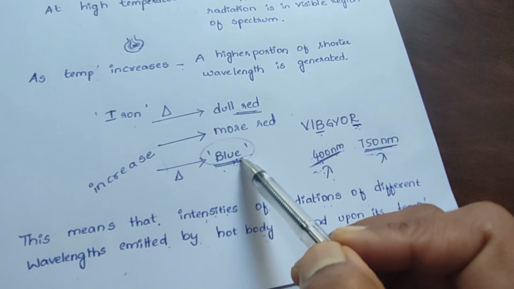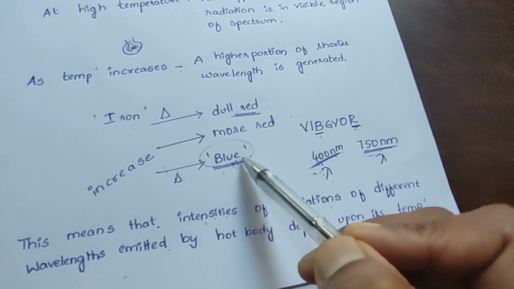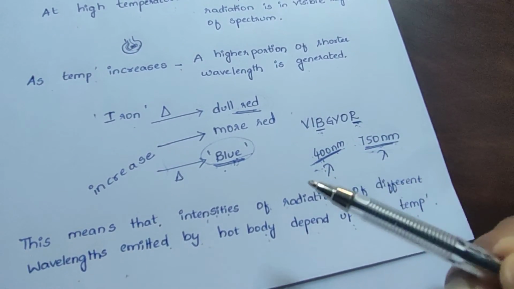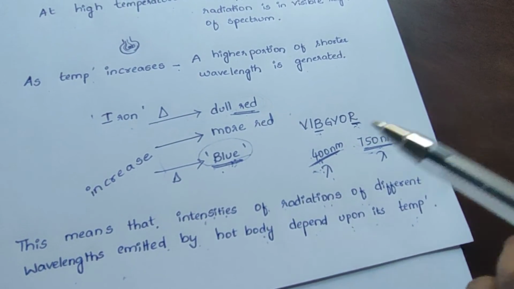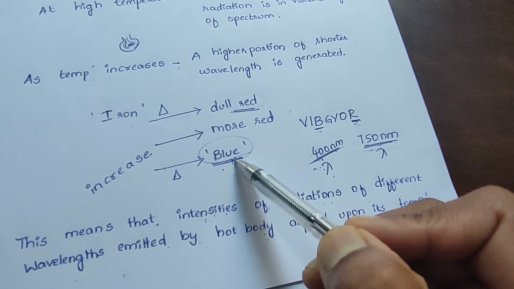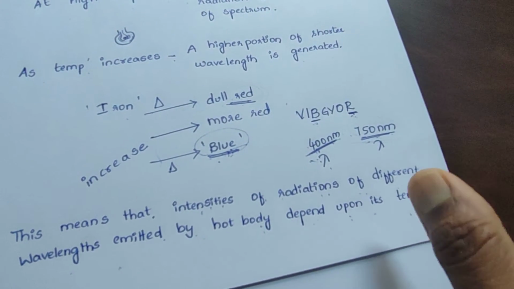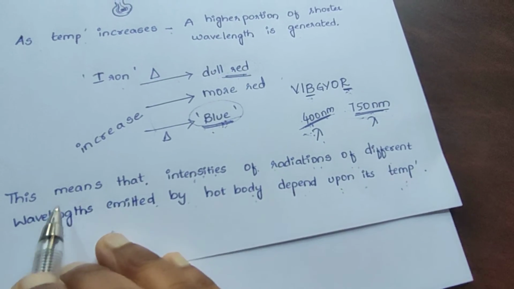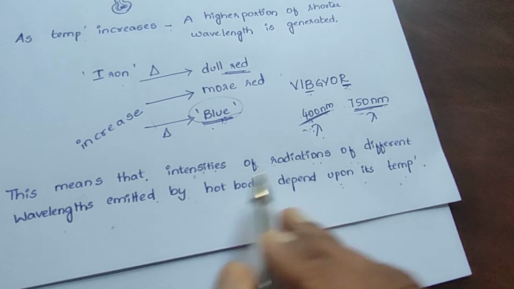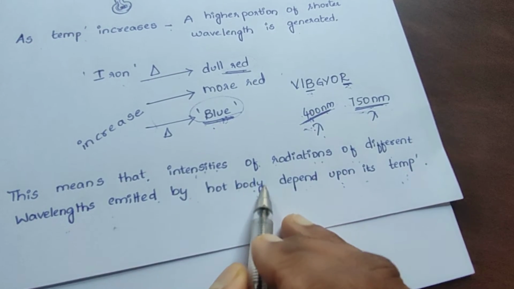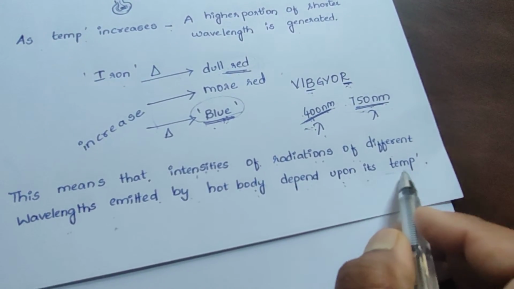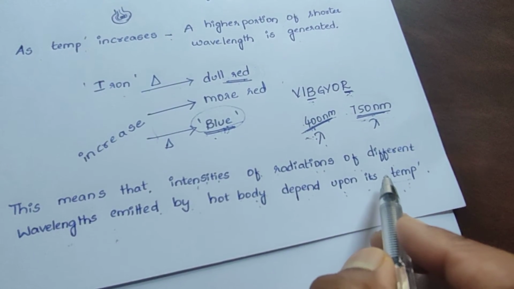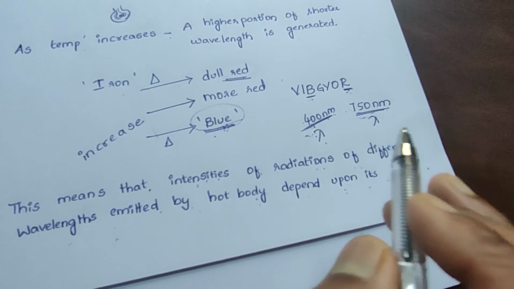At another temperature, blue light is more prominent, that is, other radiations are there along with it, but blue light is emitted in more quantity, with more intensity. This means that the intensity of radiations of different wavelengths emitted by a hot body depends upon its temperature. So it is temperature dependent. At a particular temperature, particular wavelengths are more prominent.